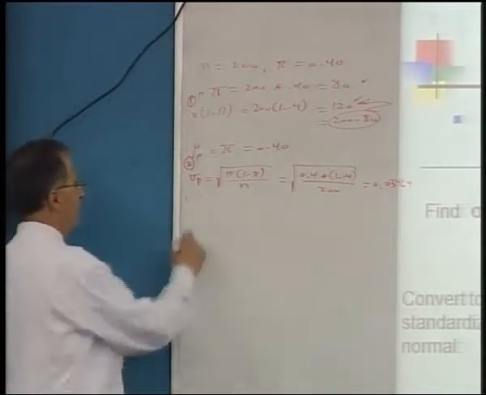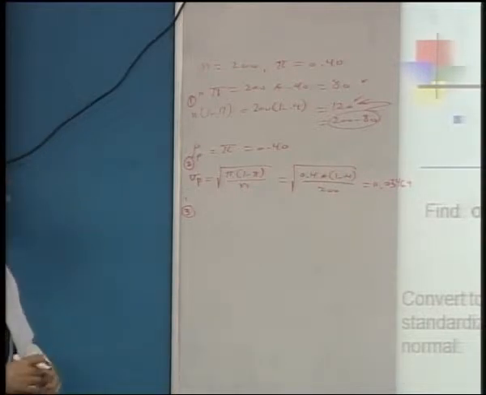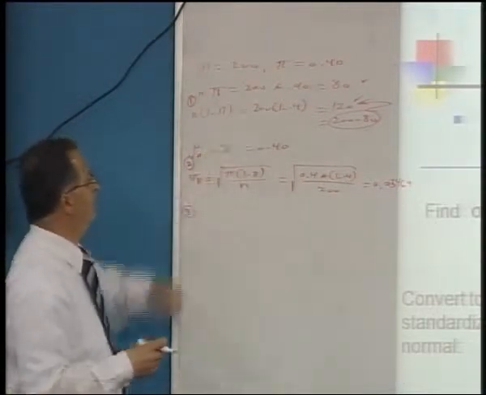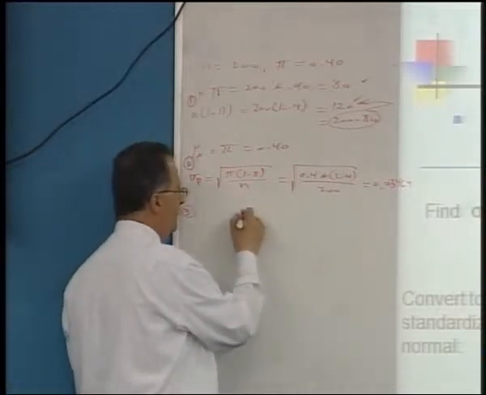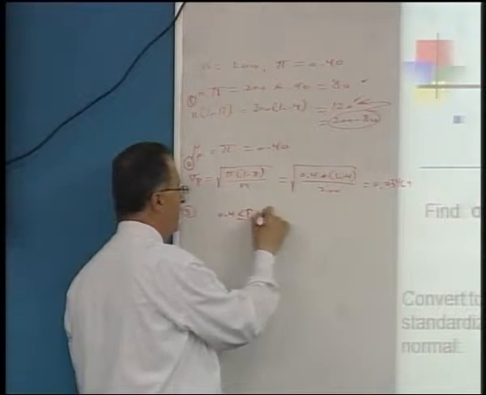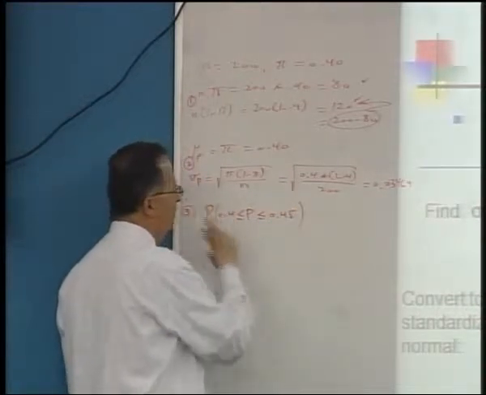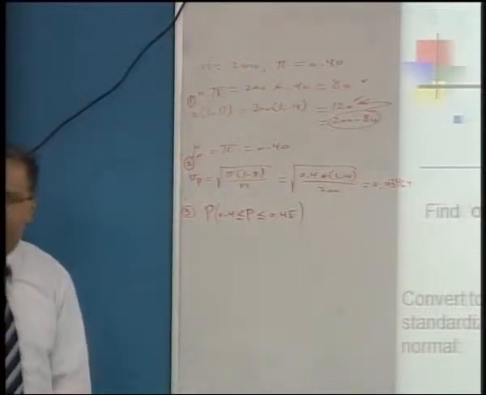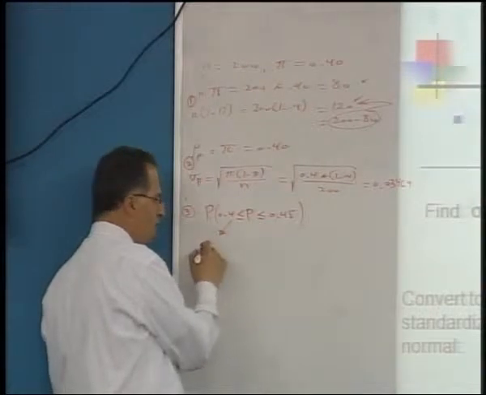Now, finally, find the z-score of your problem. Here he asks what's the probability that p lies between 0.4 and 0.45. So we have to find the z-score for 0.4.